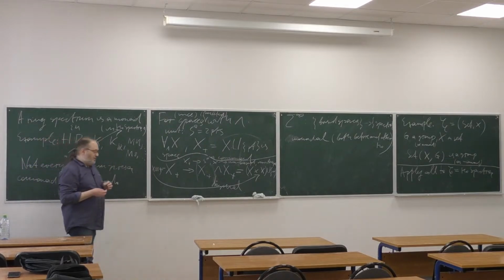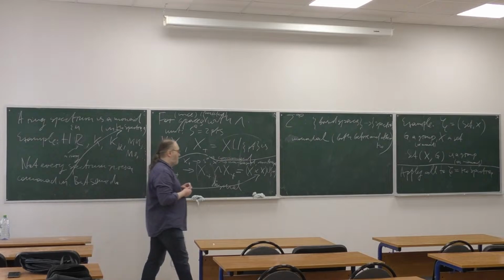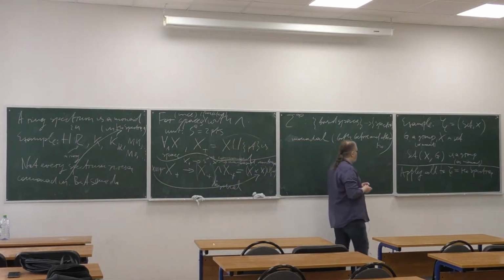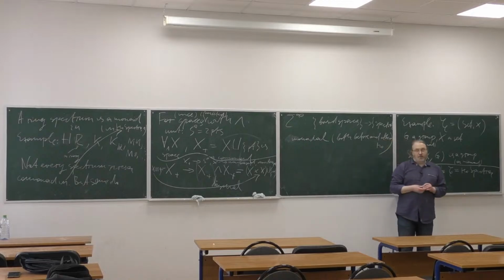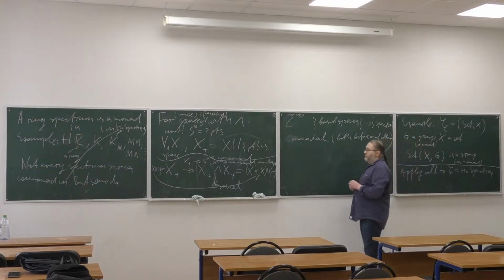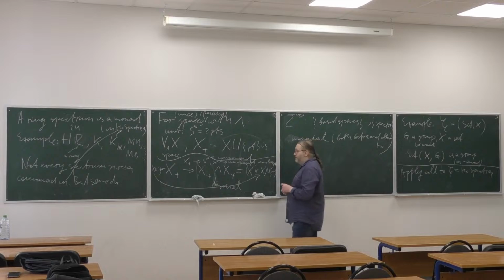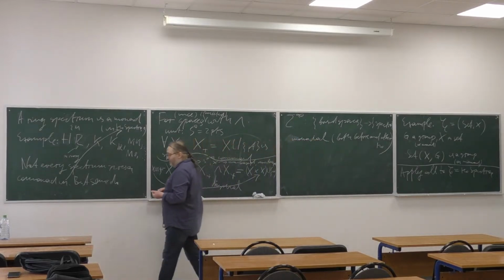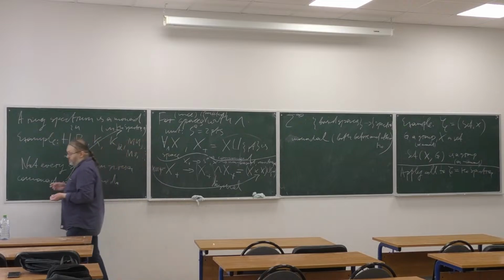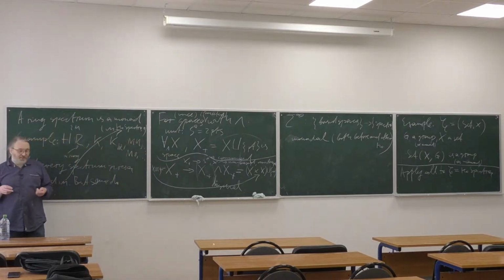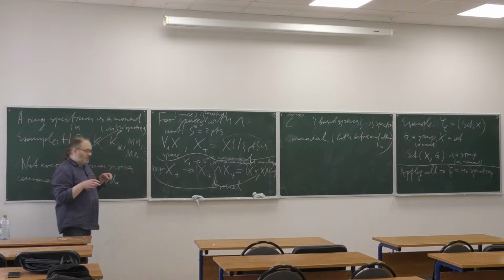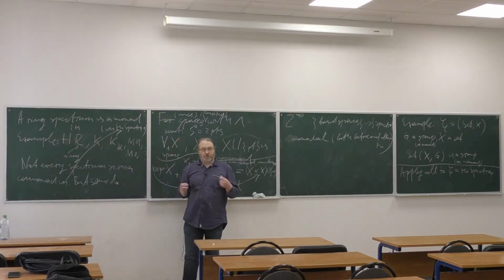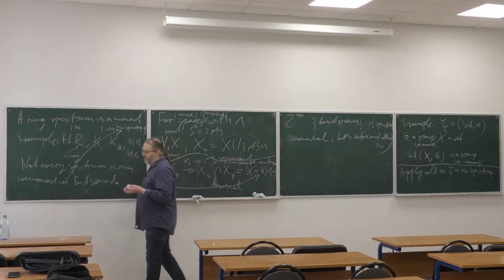Now, in particular, this means that the functor is monoidal if there is an isomorphism. Well, let's say there are several versions of what it means for a functor to be monoidal.